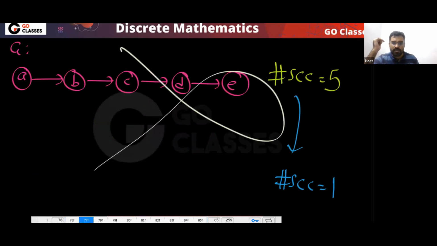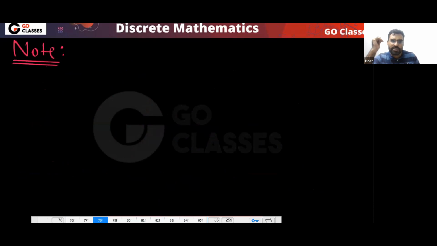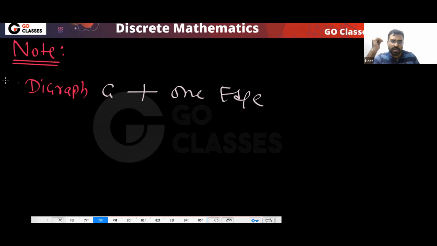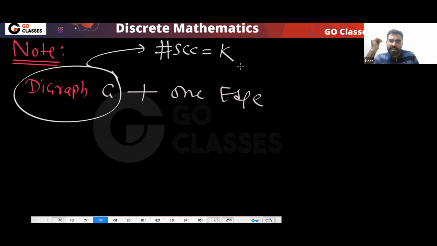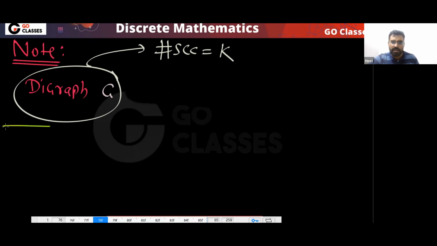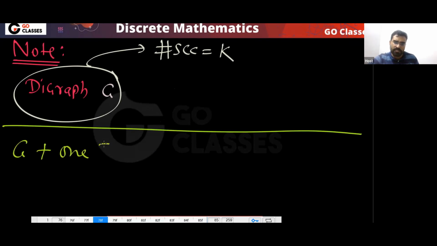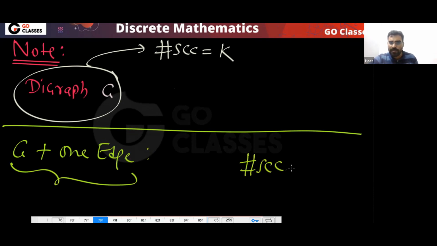So remember, let's assume you have a directed graph G. In this directed graph G, let's assume the number of strongly connected components is K. Now if you add one more edge, G plus one edge, what can I say about the number of strongly connected components?